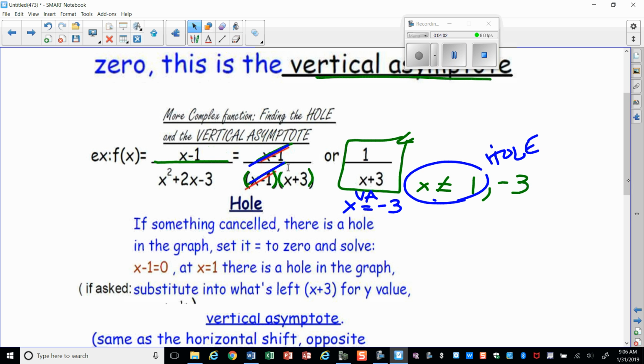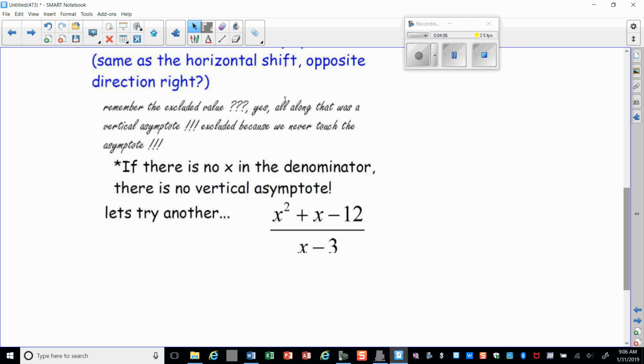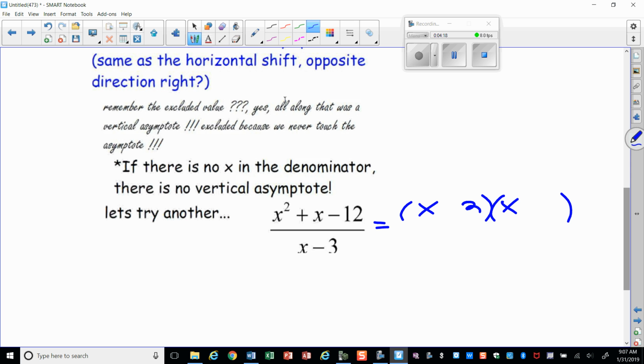So now we'll practice some of these where you're just trying to find the vertical asymptote and the hole. First thing you always do is factor. So this would be x times x and 3 times 4. I want to have a positive 1, so it's going to be positive 4 and negative 3.